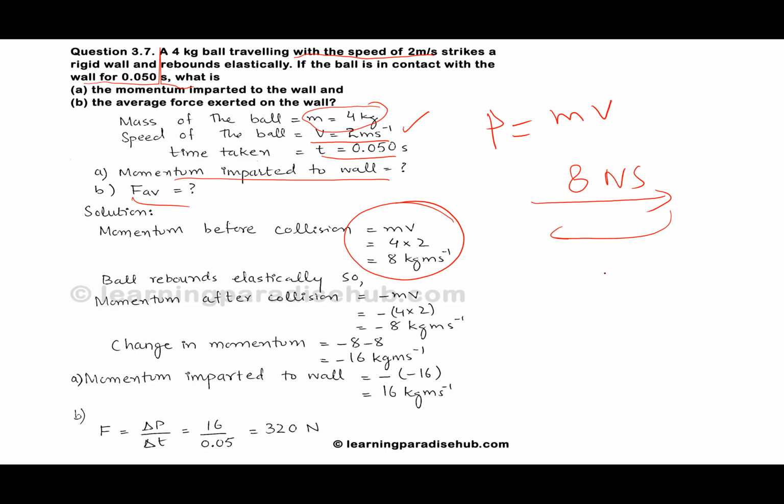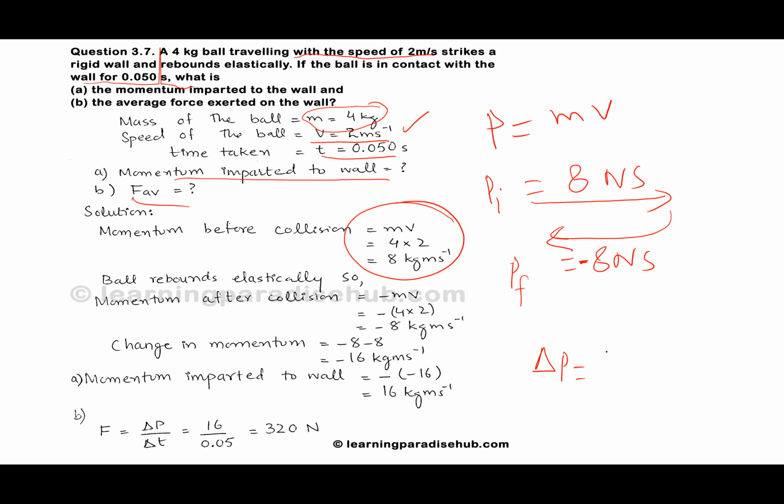It rebounds with the same momentum. So this is the final momentum, which is -8, because of the opposite direction. This is the initial momentum.